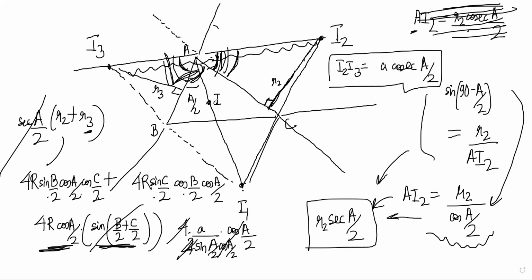So the point of intersection of altitudes will be I, and that point I is the orthocenter of the big triangle. So whatever the normal triangle ABC was, the incenter of ABC is the orthocenter of I1, I2, I3.